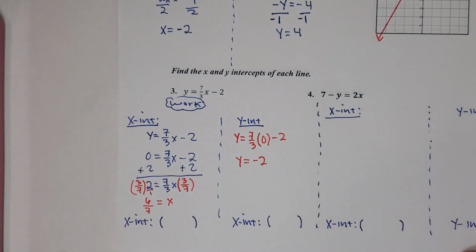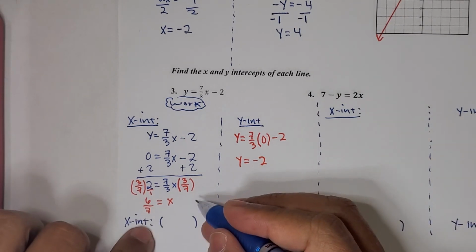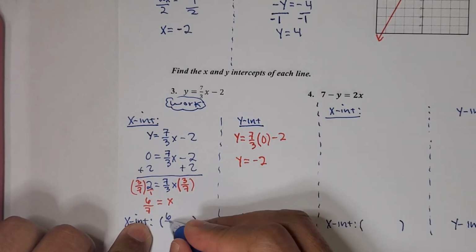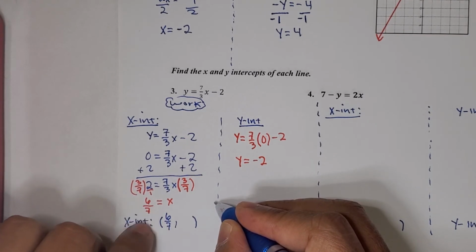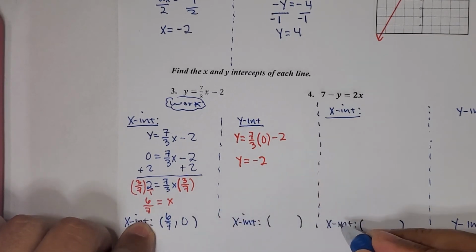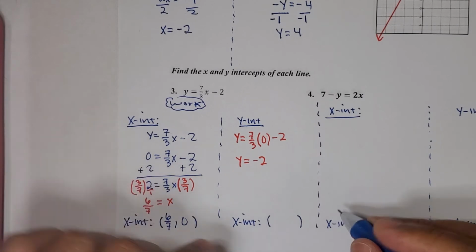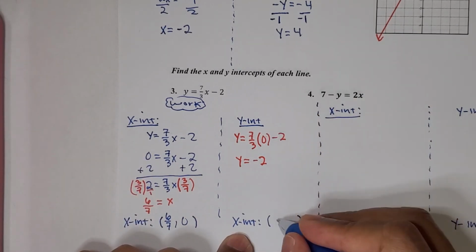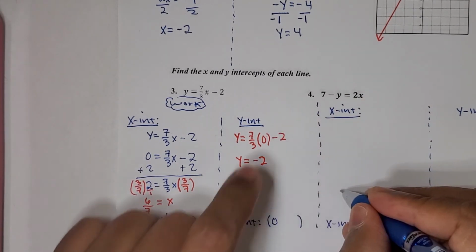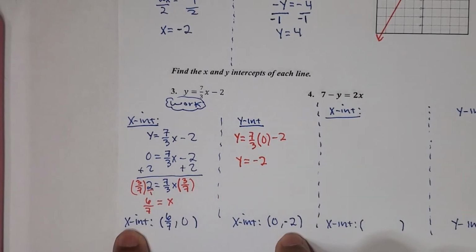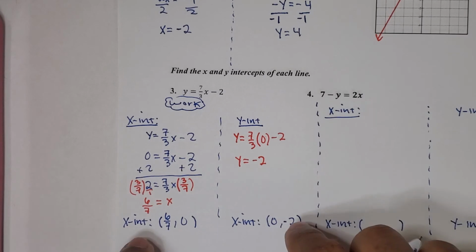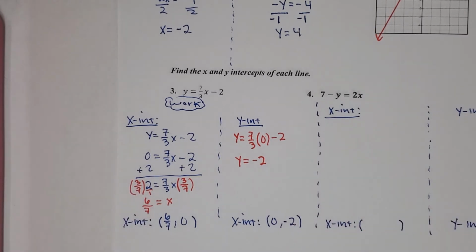So the x coordinate for the x-intercept is 6/7, and the y coordinate is 0 because we set it equal to 0. And this one here, the x coordinate is going to be 0 and the y coordinate is equal to -2. So there we have the x-intercept and the y-intercept, and we can plot these 2 points to sketch the line.